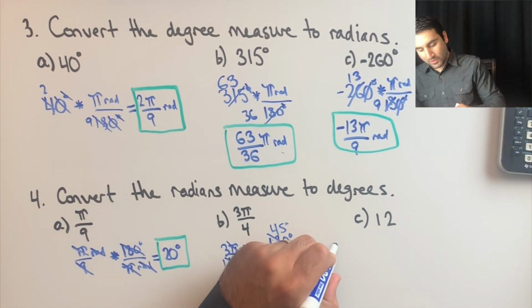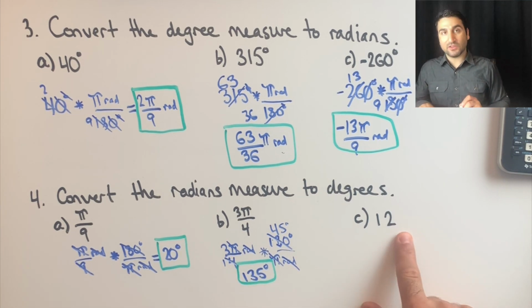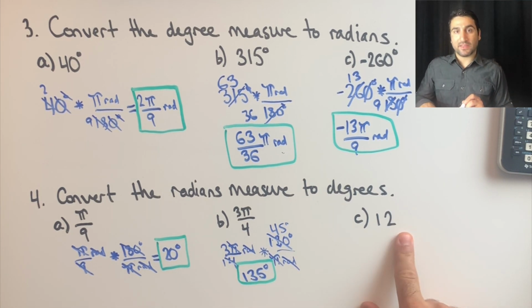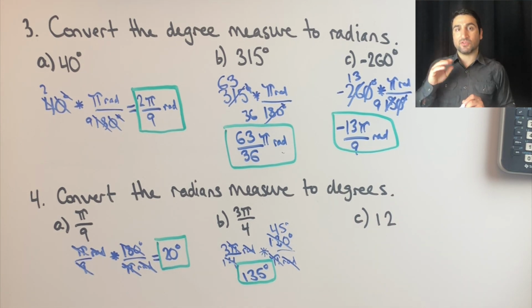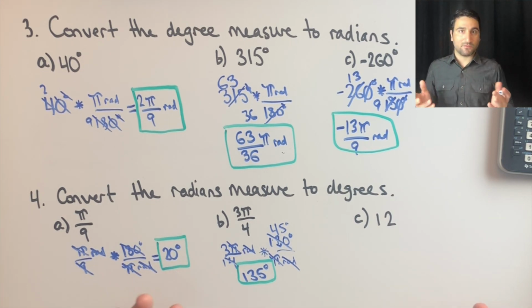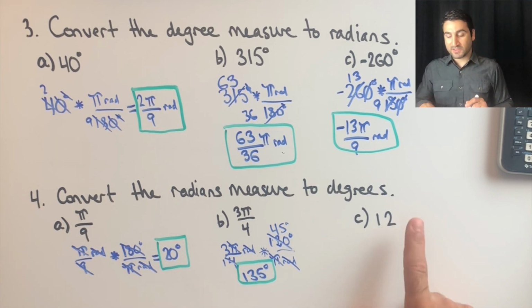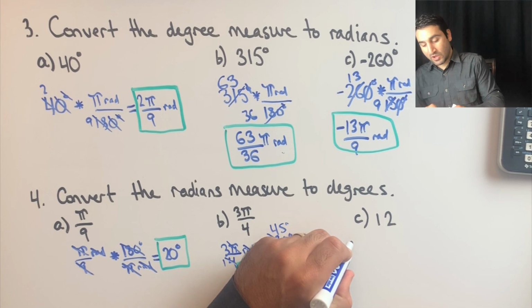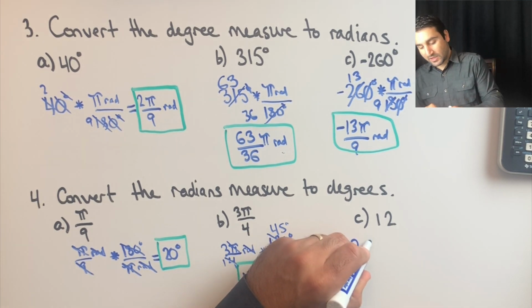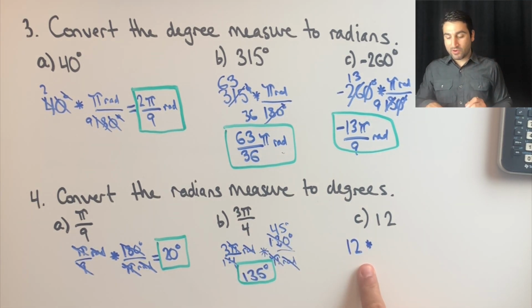Remember, when there's nothing listed, even though there's no pi, you might think it's not a radian. But whenever you don't have a degree symbol, you assume it's radian, unless it's forgotten that the degree symbol should be there. If it's done on purpose that the degree is missing, it's a radian. So 12 times, even though there's no pi, remember, it's still radian.